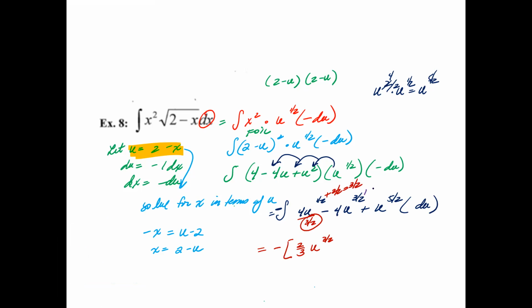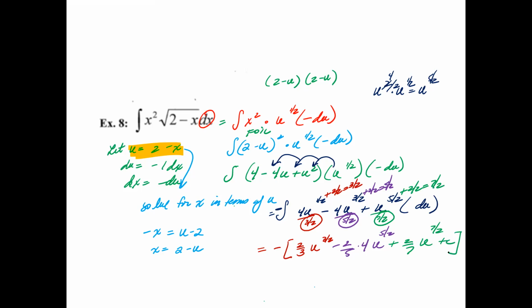You're going to add 2 over 2, which is 5 over 2, divided by 5 over 2, flip that, which is minus 2 over 5 times 4 u to the 5 over 2. Last one, plus 2 over 2, which is 7 over 2, divide by 7 over 2, flip that, which is 2 over 7 u to the 7 over 2, plus c.